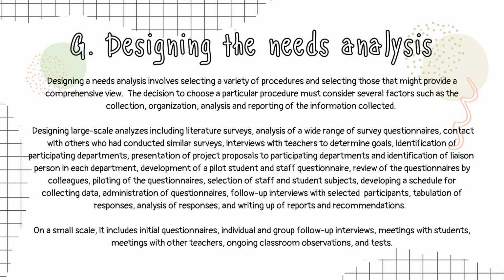Number 6, presentation of project proposal to participating departments and identification of licensed persons in each department. Number 7, development of a pilot student and staff questionnaire. Number 8, review of the questionnaires by colleagues. Number 9, piloting of the questionnaires. Number 10, selection of staff and student subjects.